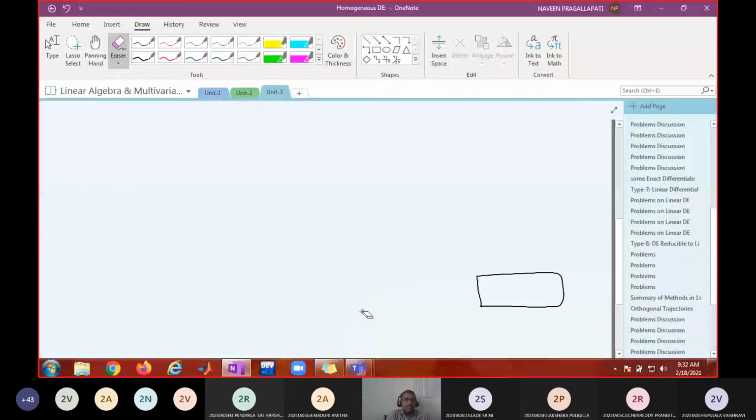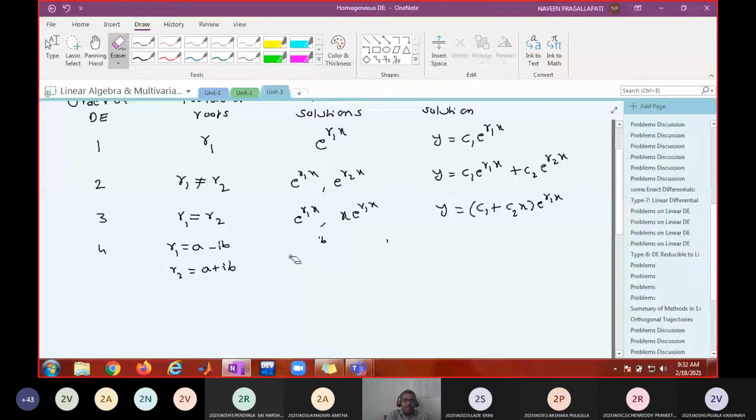So instead of writing independent solutions like this, we'll be writing independent solutions like this. So e power ax into cos bx, e power ax into sin bx. Then what will be the general solution?